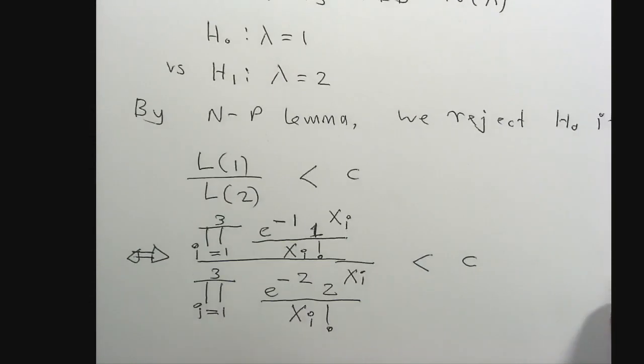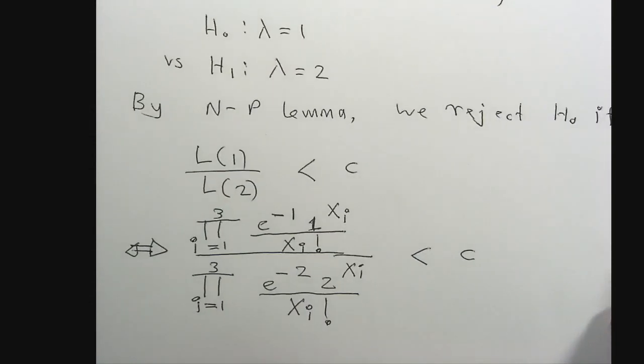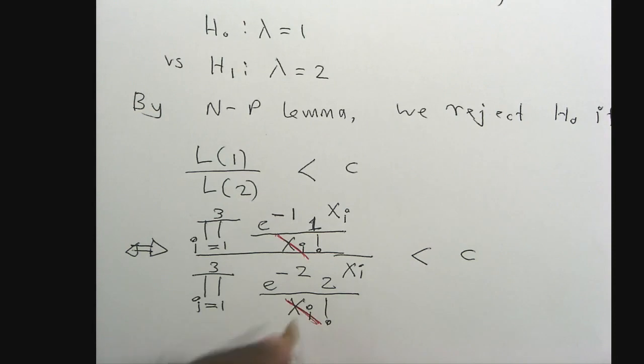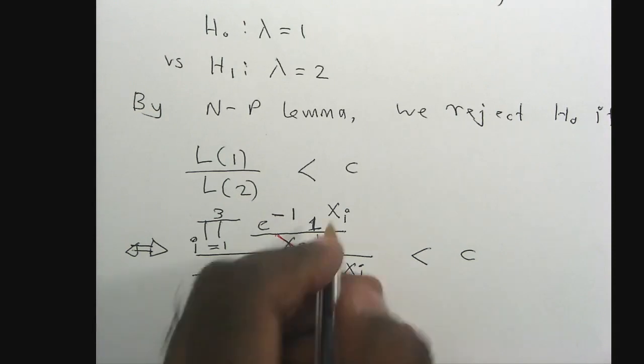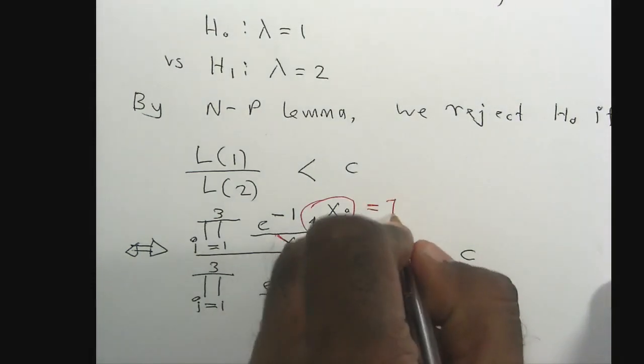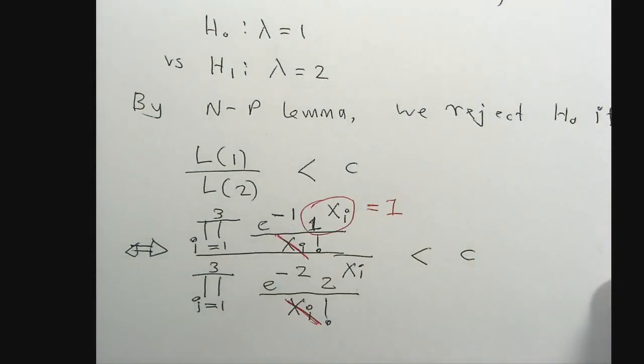Yeah, you see I got this right. Now next, you just need to simplify this. You can see that this will cancel with this, and 1 to the power anything is 1. So this is equal to 1.